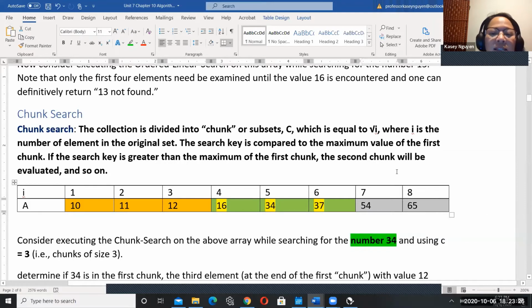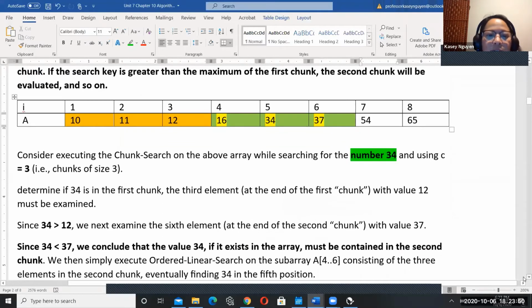So we can see that if we divide that container into subsets, it can be more efficient in seeking the key value by comparing the highest value of each subset, so that it can eliminate subsets.